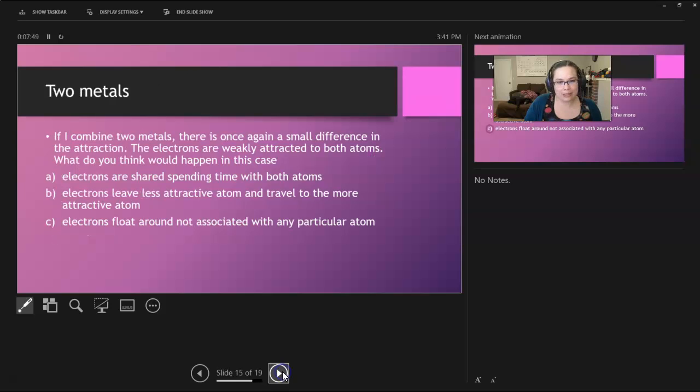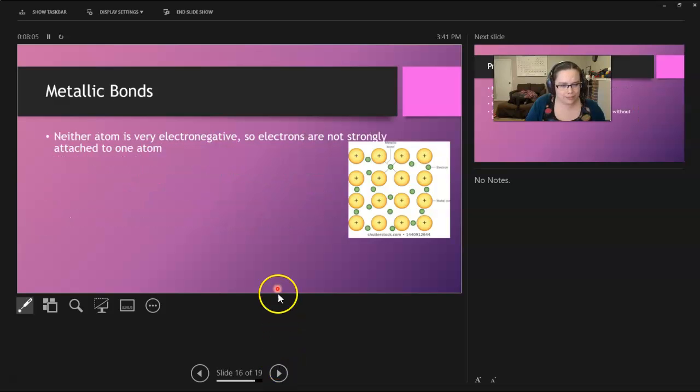The last type of bond is between two metals. Metal atoms have low electronegativity, so they do not strongly pull on electrons. As a result, the electrons float around, not really associated with either atom. This is an example of what that would look like.